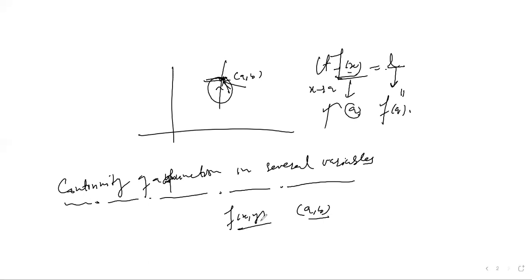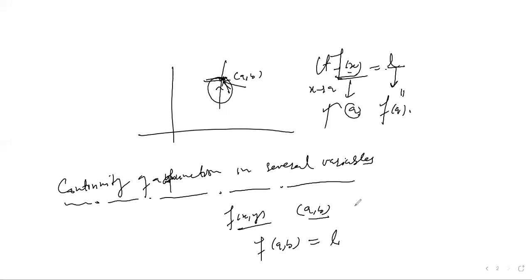That you already know: how can you check whether its limit exists or not? And after that, you have to check the value of the function. That means you directly substitute x equal to a, y equal to b, and see if this is equal to the limit of the function.